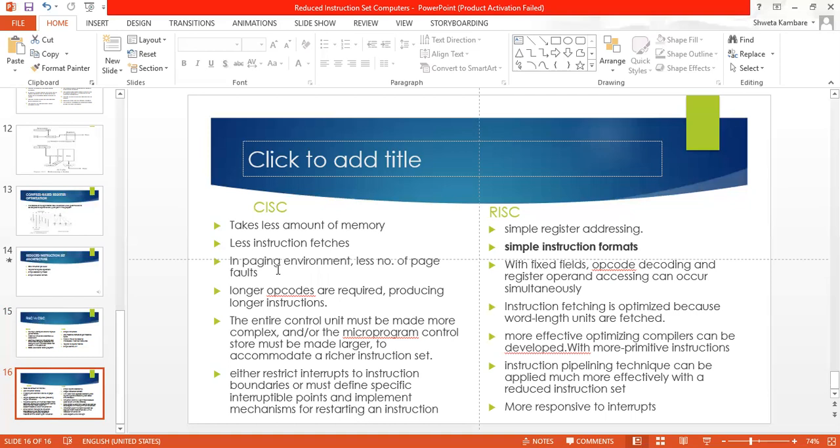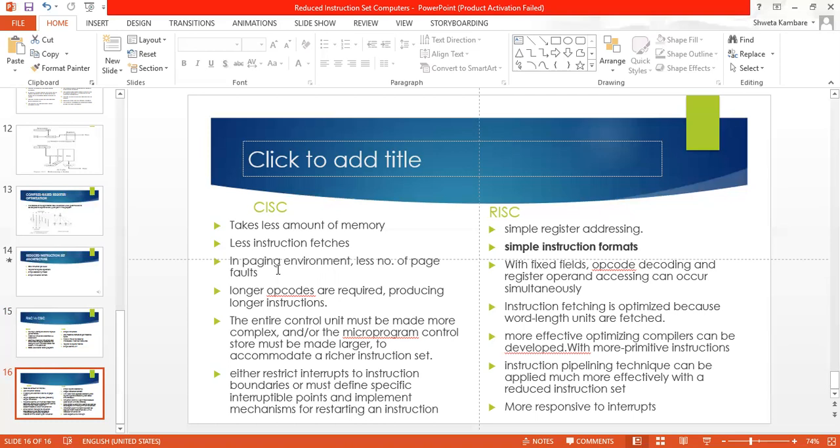Now let's discuss some of the disadvantages. As the instructions are complex, the opcodes will be longer in the case of CISC. And remember that the entire control unit must be made more complex, or the microprogram control store must be made larger to accommodate a richer instruction set.